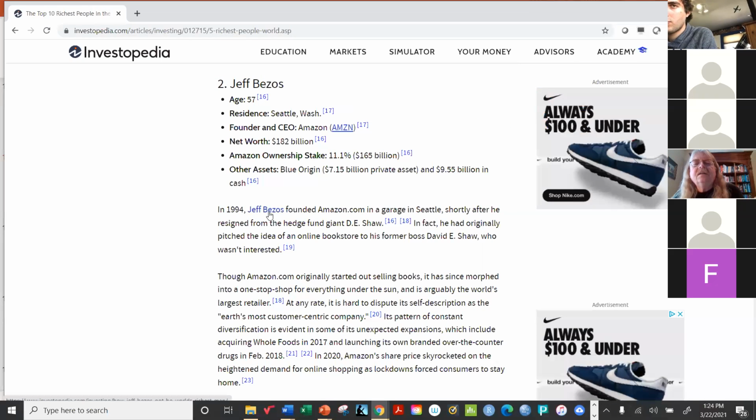He was literally selling books out of his garage. That's how he got started. The thing about Bezos is that he had the idea that people might be willing to buy merchandise on the internet, which was brand new really at the time.